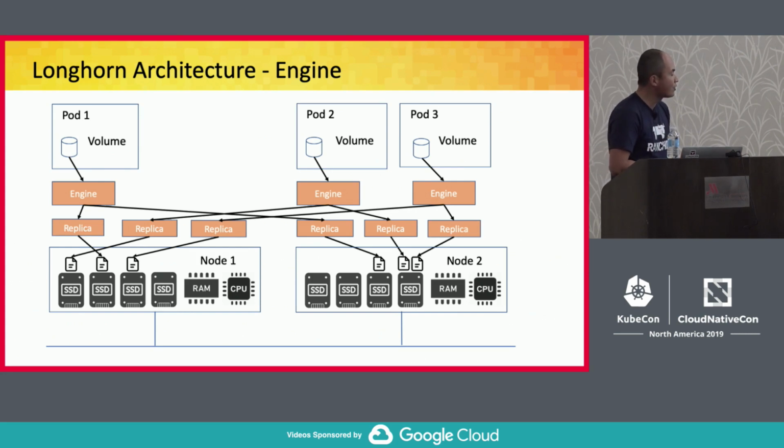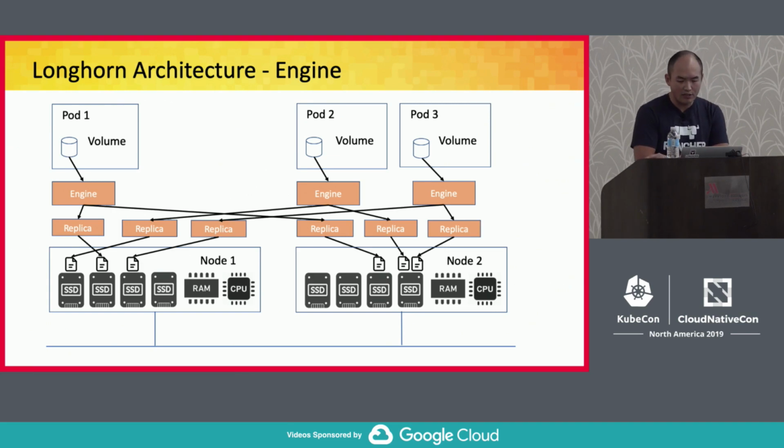This approach has two advantages over the traditional way. The first is that the engine itself is just a simple RAID1 controller. It's really easy to program, and it always resides on the same node as the pod running. So we don't need an HA controller and a lot of complex logic. Another thing is that the data path of each volume doesn't really interact with everybody else.